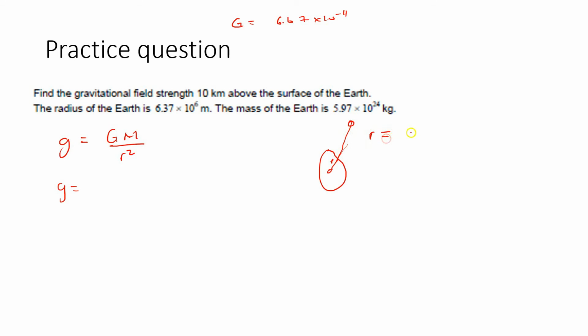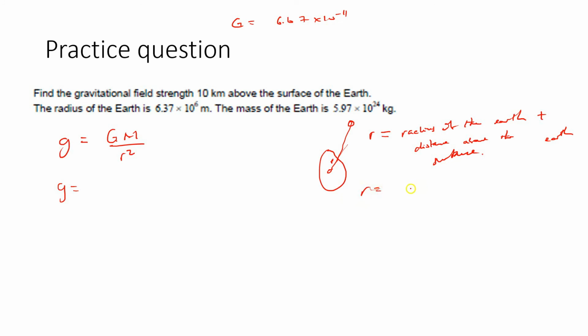So R is really equal to the radius of the Earth plus the distance the object is above the Earth's surface. So in total, this is what it is then.